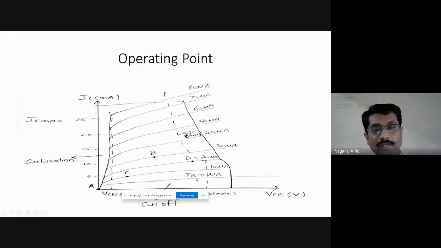Next, if I apply IB equal to 10 microampere, that is, if I keep the base current fixed at 10 microampere and vary VCE, the collector current also increases, and if I further increase VCE, the collector current almost remains constant. Like this, I get different curves for various values of base current, ranging from 0 microampere to 80 microampere.